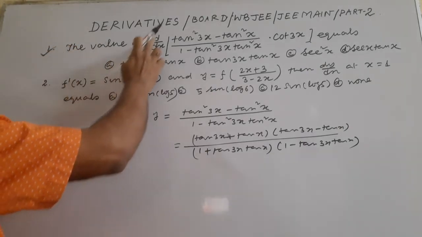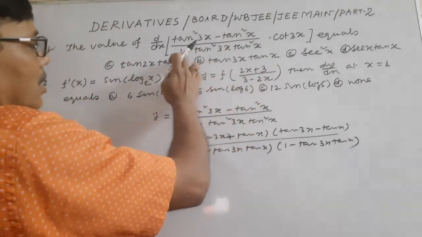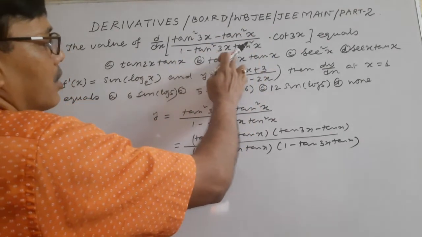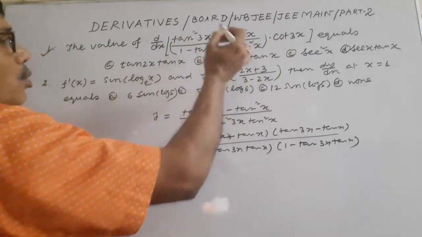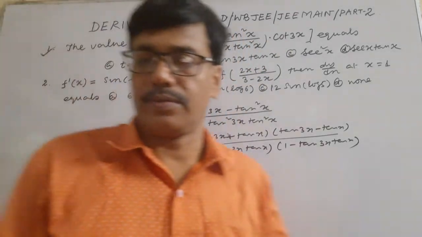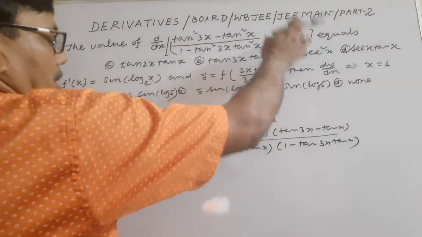The value of d/dx of (tan² 3x minus tan² x) divided by (1 minus tan² 3x times tan² x), whole into cot 3x. So, derivative of this part.